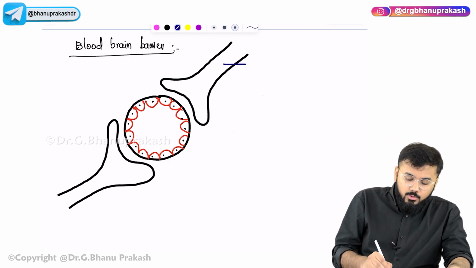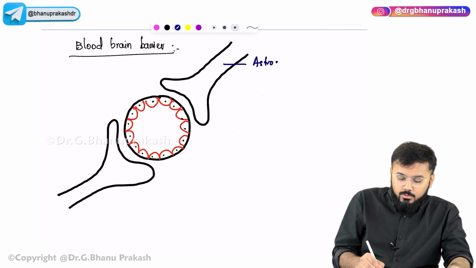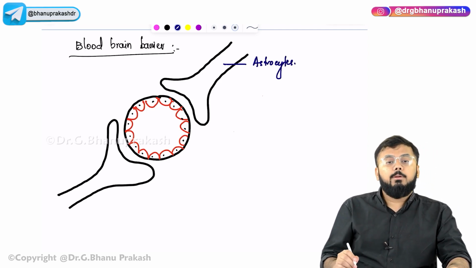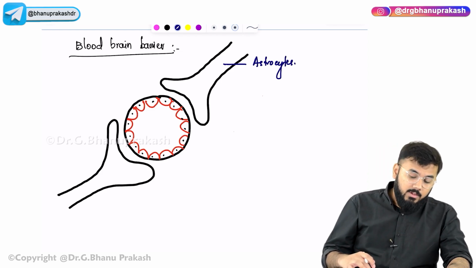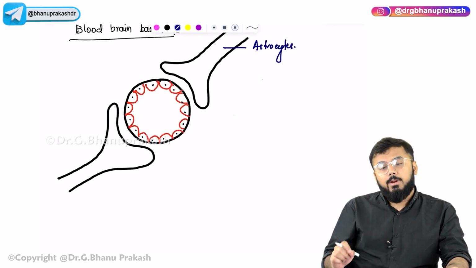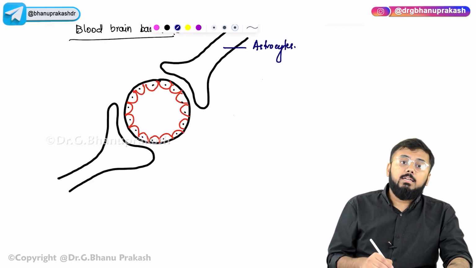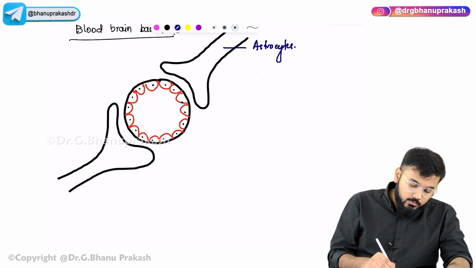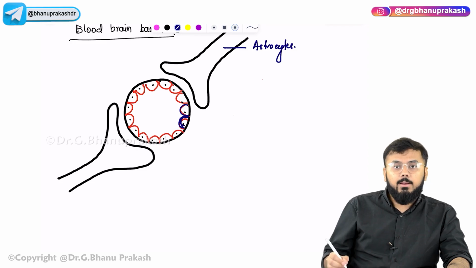These astrocytes are the ones which form the blood-brain barrier. But if I ask you what the true blood-brain barrier is, the true blood-brain barrier is formed by the tight junctions of the capillary endothelium.